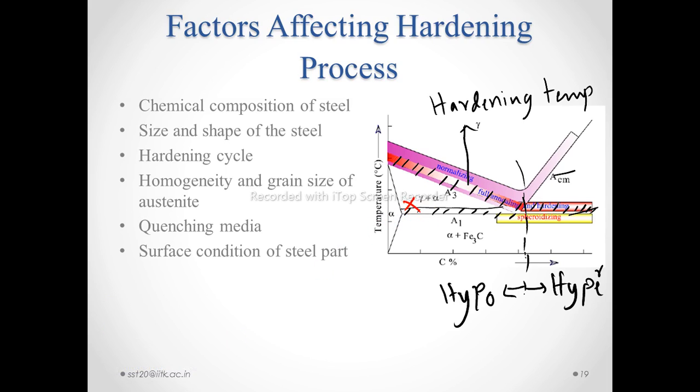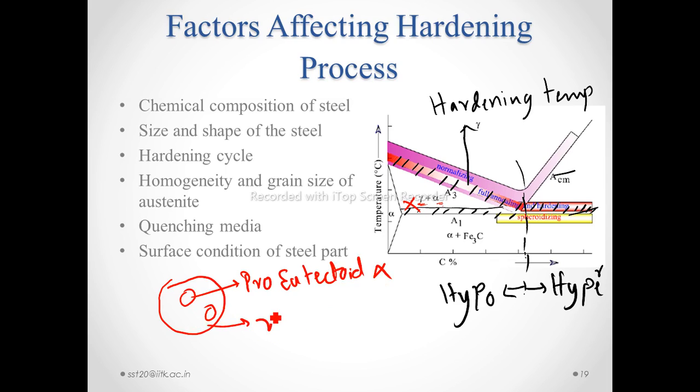If we heat the hypo-eutectoid steel above the A1 temperature, here we will get austenite as well as pro-eutectoid alpha. The microstructure will look like this: this is pro-eutectoid alpha, whereas this matrix is gamma.